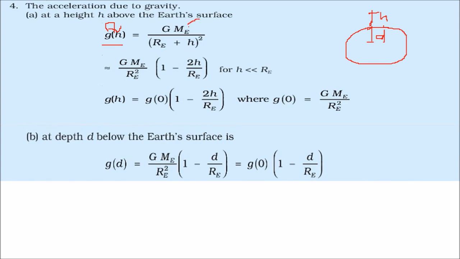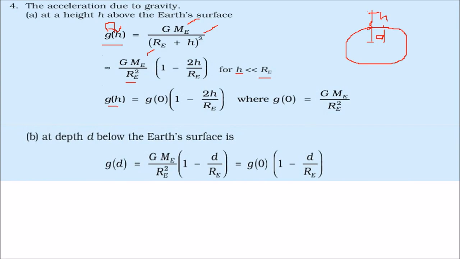Me is the mass of the earth, Re is the radius of the earth, and h is this height. Because Re, the radius of the earth, which is approximately 6400 kilometer, is very large, we can ignore h in comparison. So this equation becomes G Me by Re square into (1 minus 2h by Re).